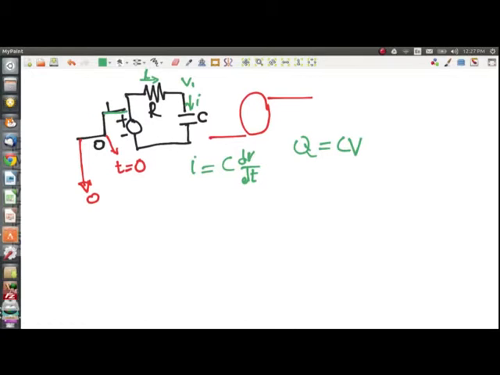So 1 is going to be equal to the voltage across this resistor, which is I R, plus the voltage here, which is V1. V1 is also changing and I is also changing. So basically I have 1 equal to I into R plus V1.